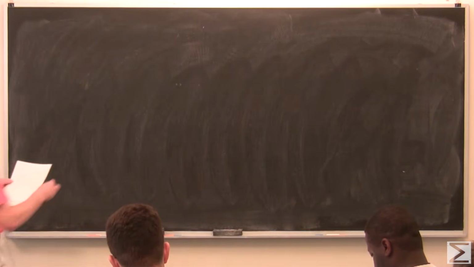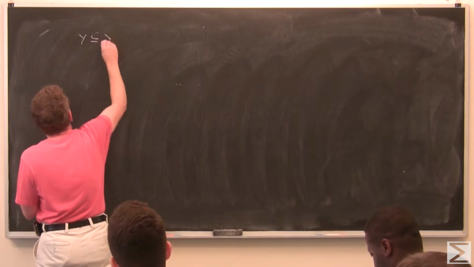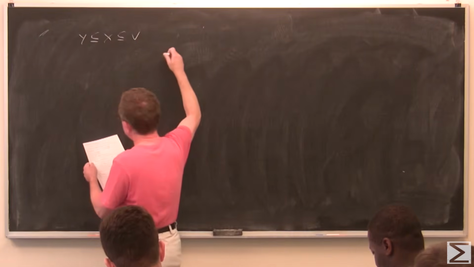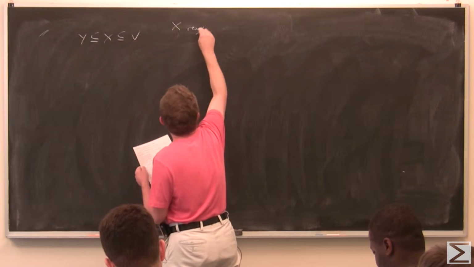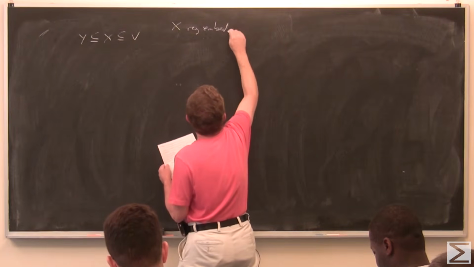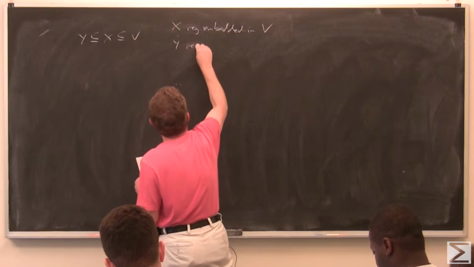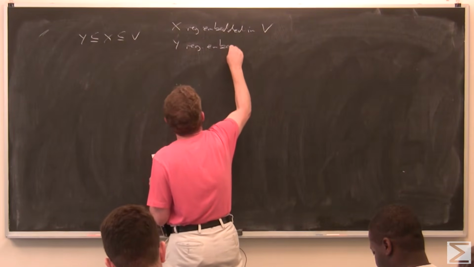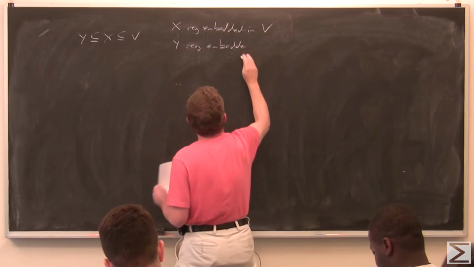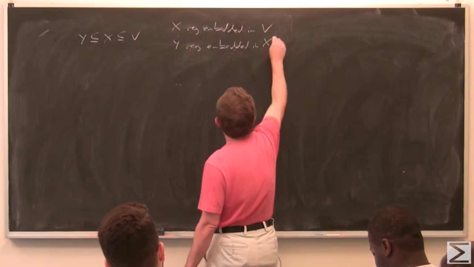So let me do a little observation in the case in which I have Y inside X inside V, and X is regularly embedded in V, while Y is regularly embedded in X.